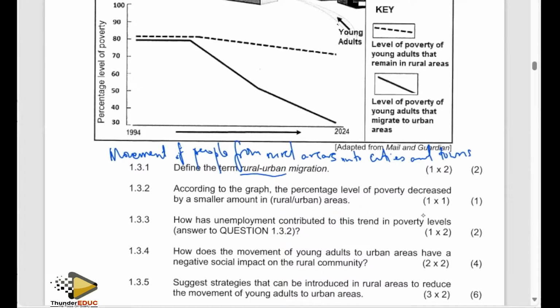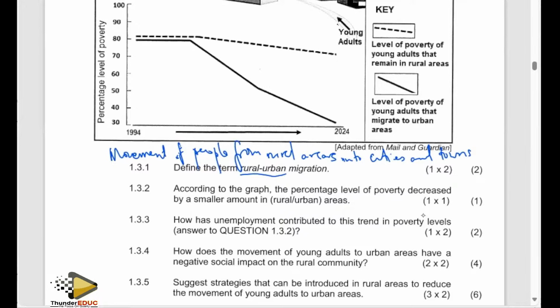But this one declined just slowly. There is just a smaller decline from around 80 to around 75 in 2024. The other change is getting to slightly above 30 from 80 in 2024.